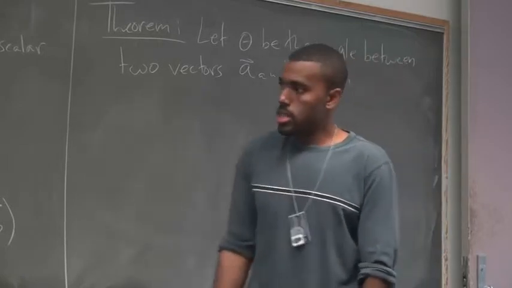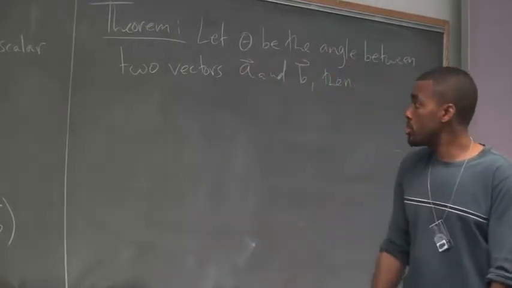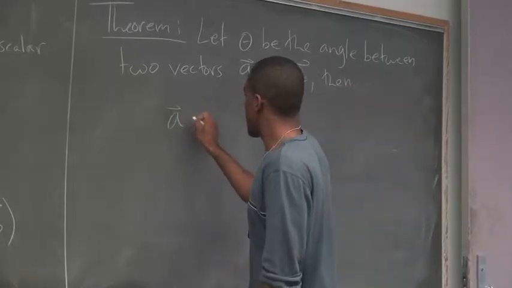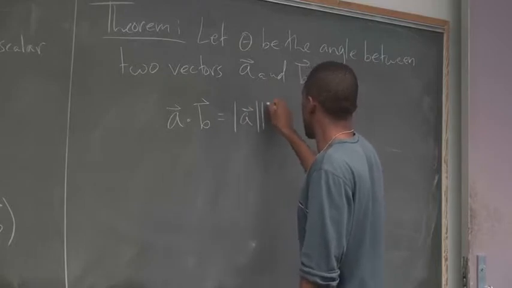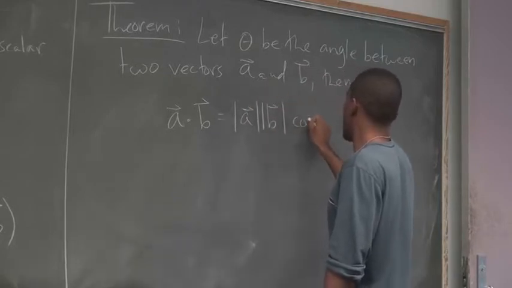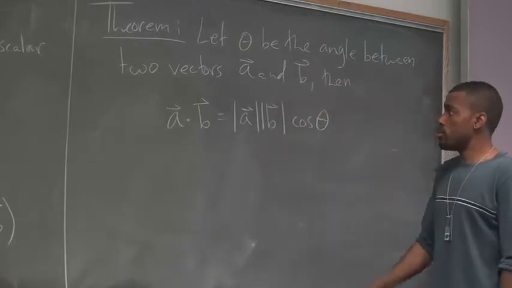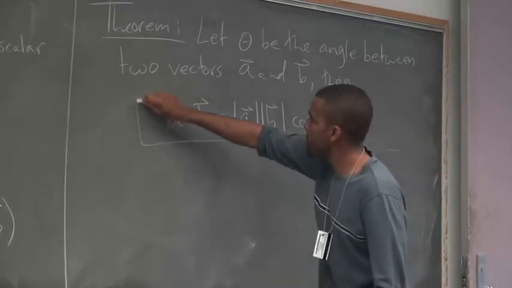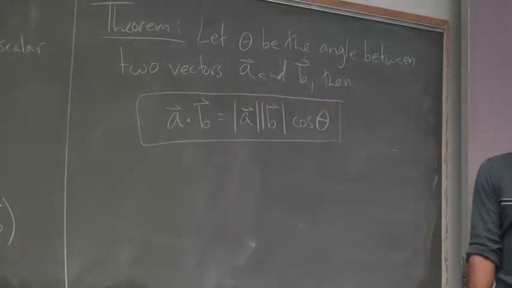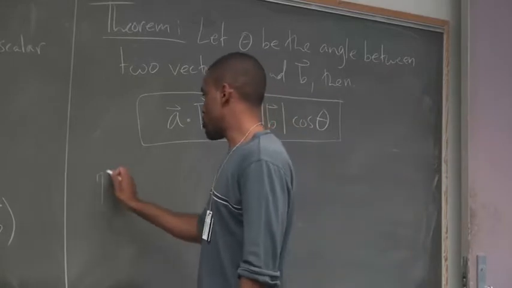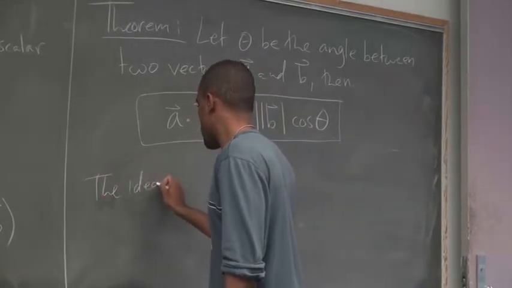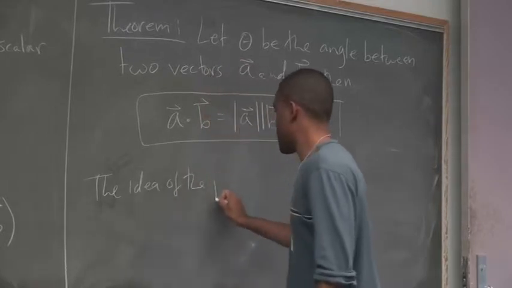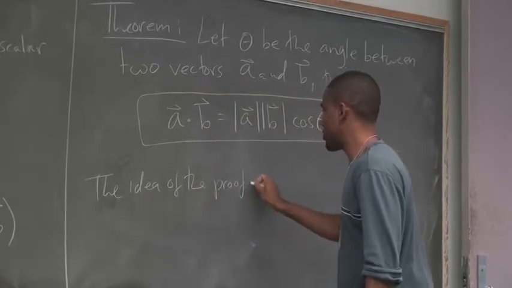You can actually define the dot product in terms of the angle between two vectors. And it can be given by this formula. I'm not really going to show you the proof, but I can sort of show you the idea of the proof.